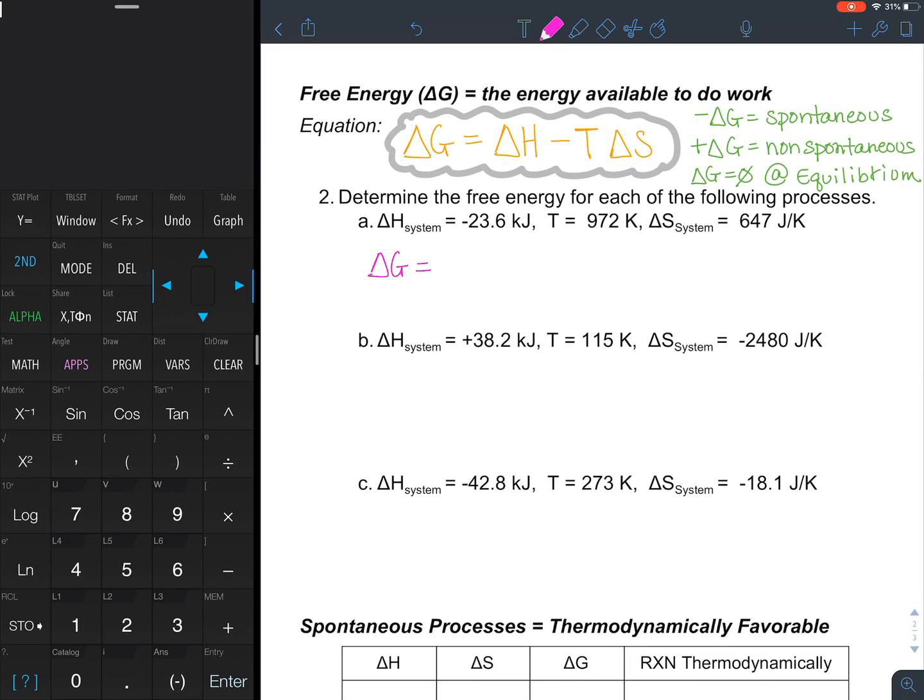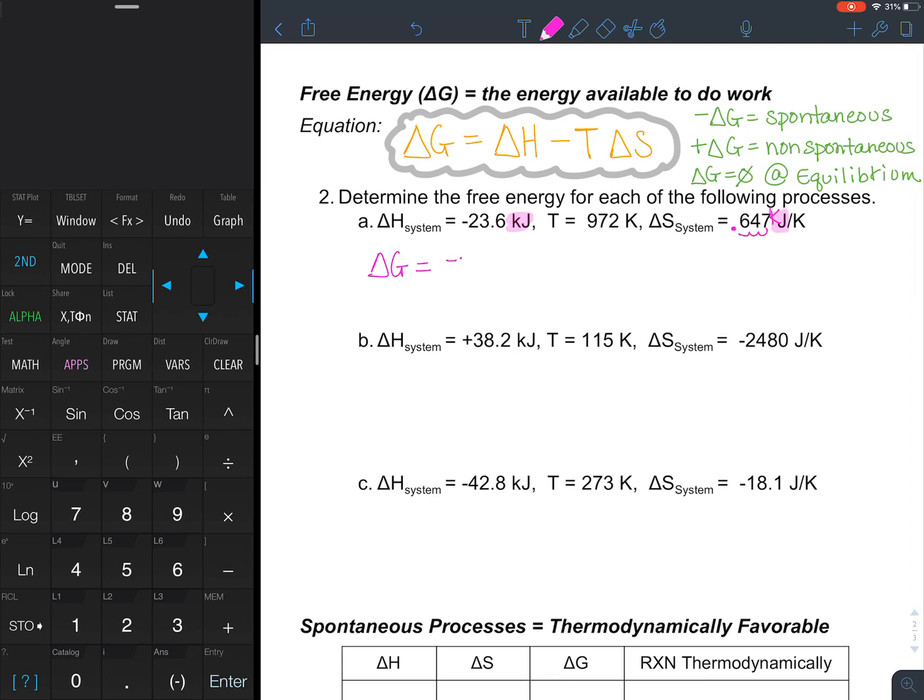When we do this, though, you need to take a look because this one is in kilojoules and this one is in joules. So we need to get those to be the same. In order to do that, I can just divide this number by 1000, or move my decimal place 3 places over, and I can get that into kilojoules.